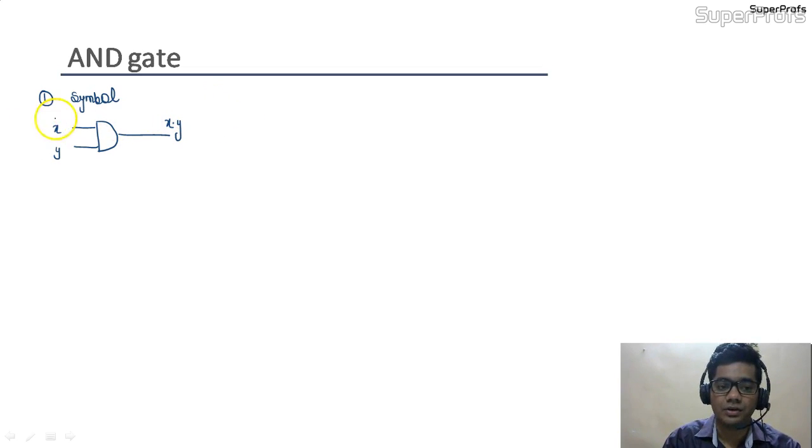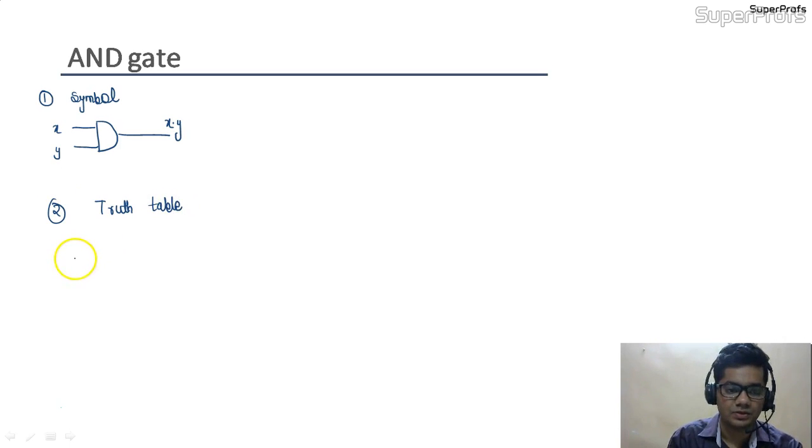If any of the inputs is at 0 level, the output would be 0 level. We can say this by knowing the truth table. See, this is our truth table for this AND gate. There are two possible inputs X and Y, and the output X dot Y. The possible combinations are 0 0, 0 1, 1 0, 1 1.